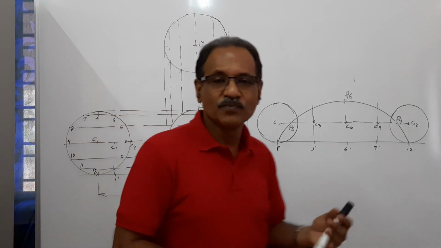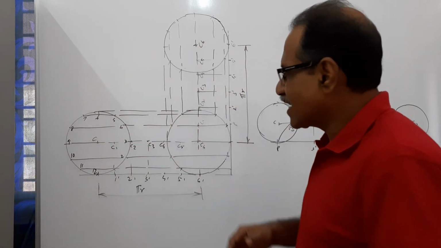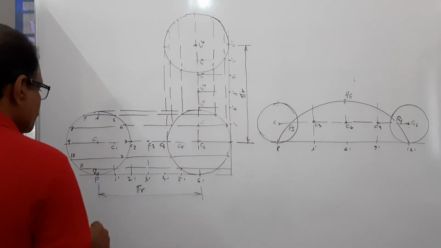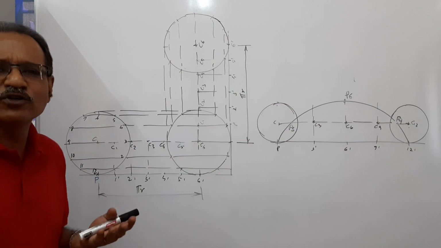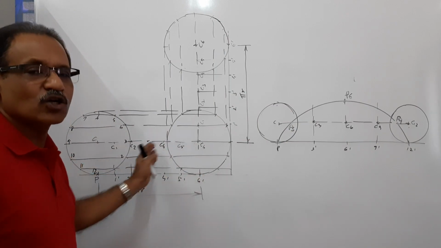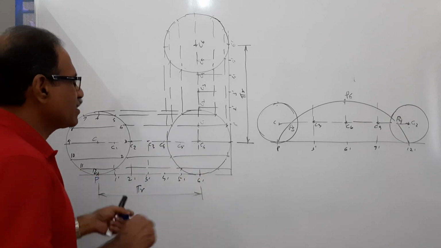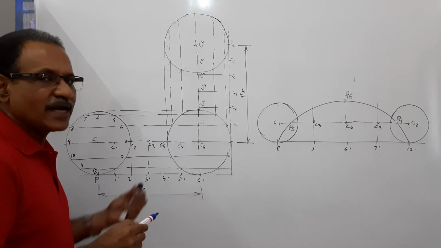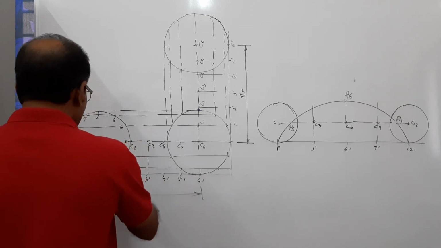Okay, now let us take the path of P. This is P. You know how to draw a cycloid. So when it rotates or rolls half, where will be the position of P? P will come here, P6. And you know how to draw it. How is it?